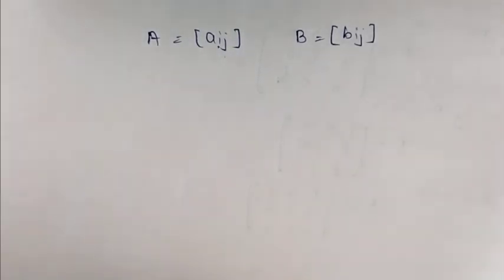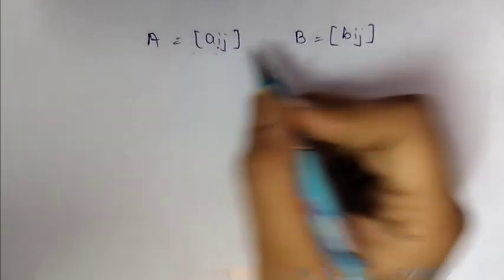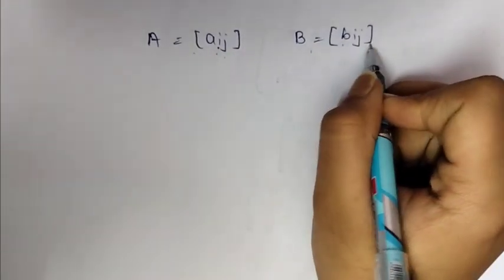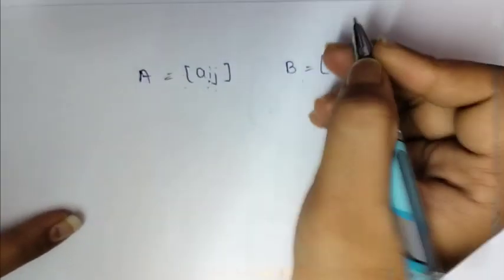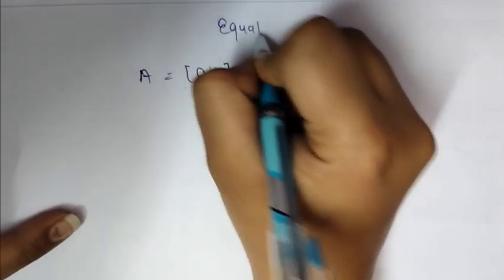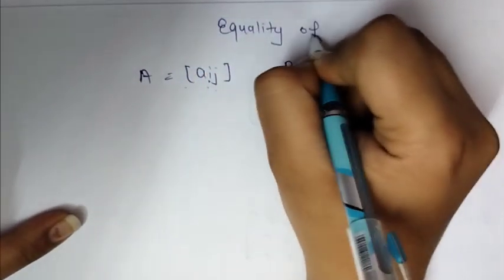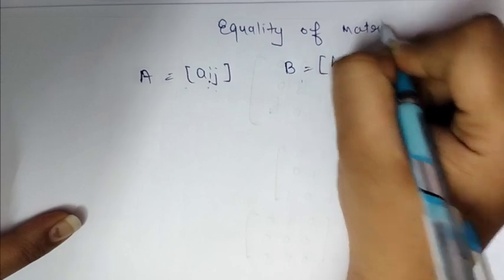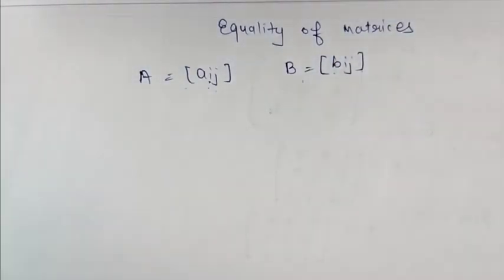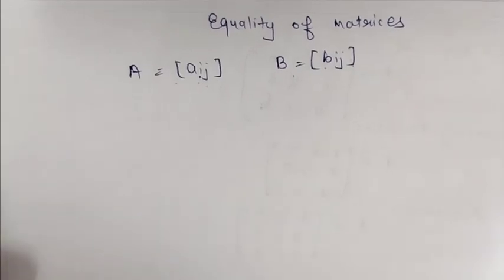So when we have A equals to Aij and B equals to Bij, this topic is equality of matrices. I'm writing here equality of matrices.